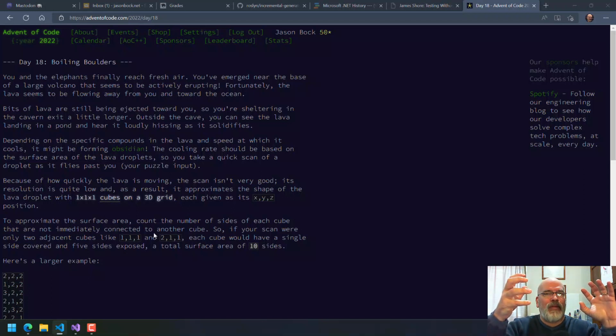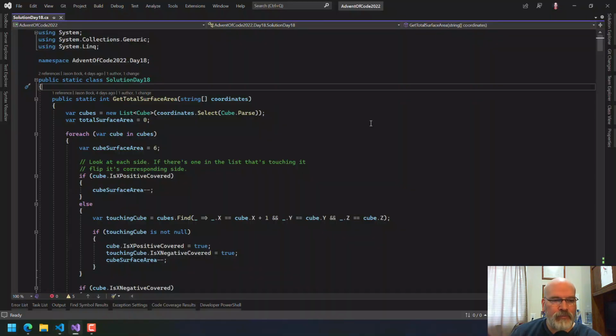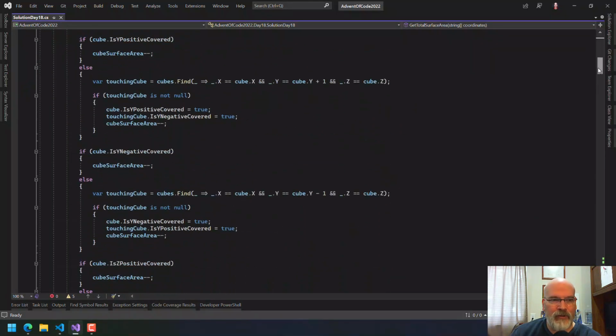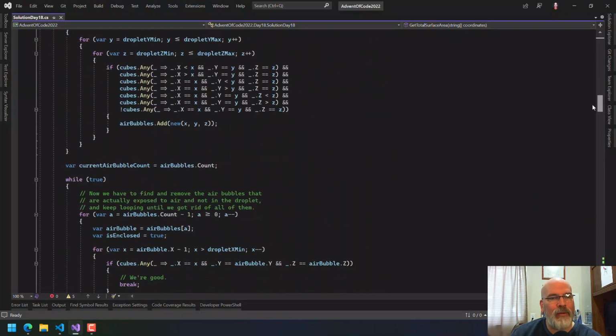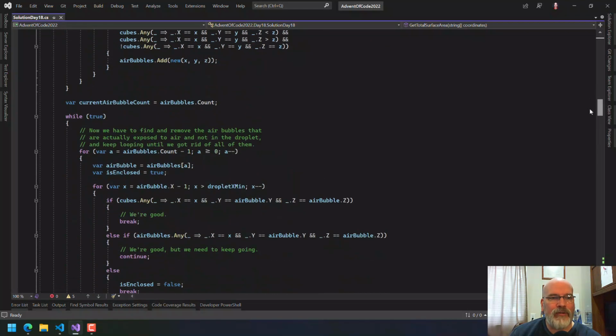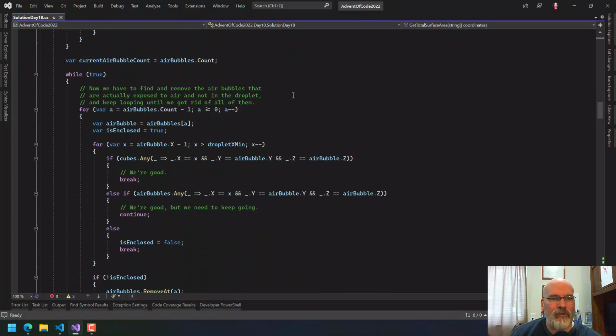And to figure out what coordinates were air and what was inside the bubble and what wasn't, that took me some time to figure out as well. But you can see here just by the scroll bar on the right, there's a lot of code here that I did. Probably wasn't efficient, but you can see in my comment I'm trying to figure out, was this an air bubble?